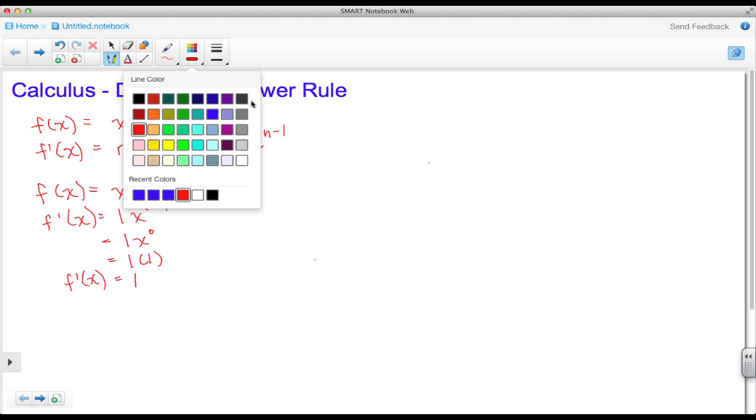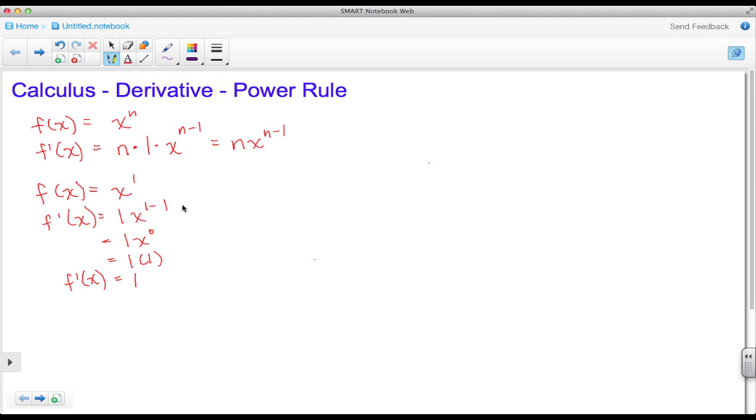And now let's take a look at solving this using the difference quotient. So f prime of x is equal to f of x plus h minus f of x, all over h, and remember that we have the limit as h approaches 0.